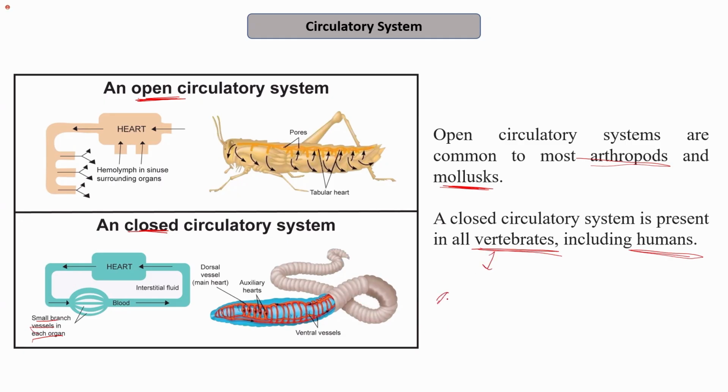Basically we are chordates, that is, we have notochord, and then we come under the category of vertebrates. We will see why we are called vertebrates. Humans come under the category of vertebrates, and we have a closed circulatory system where the blood flows inside the blood vessels and then runs into the organs.